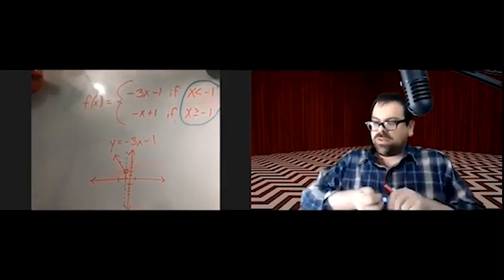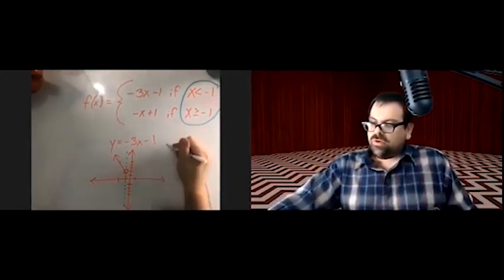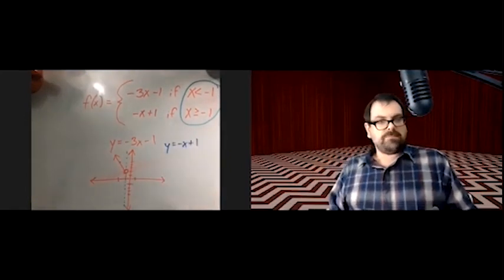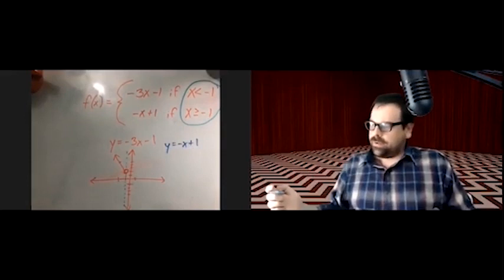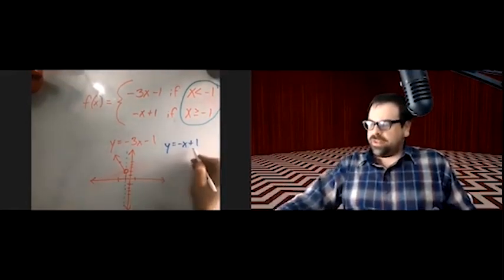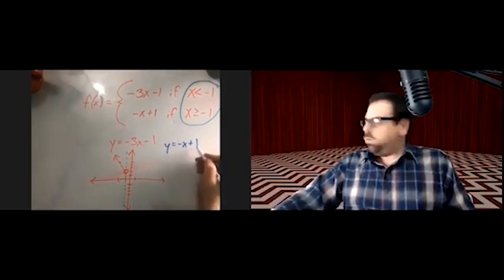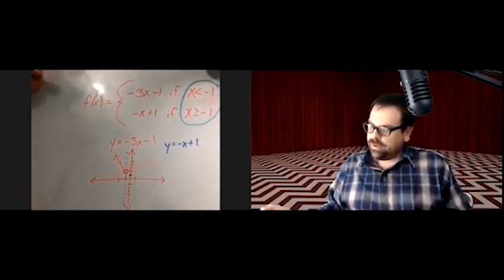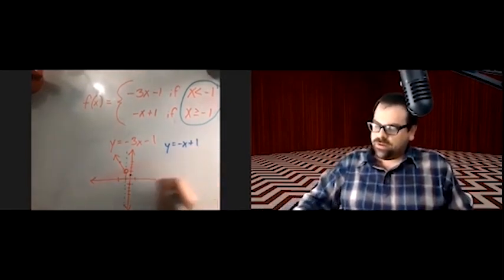Well, the right side would be the graph of y equals -x plus 1. We know how to graph this. It's a y-intercept of 1 and a slope of -1.